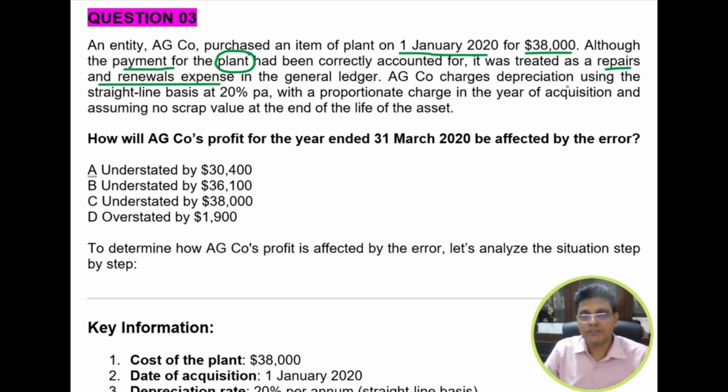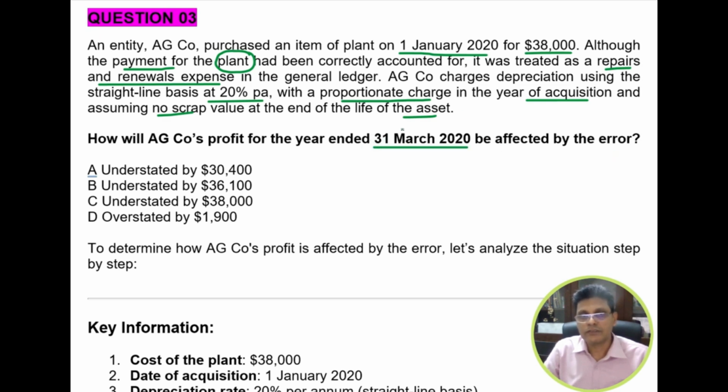AG company charges depreciation using the straight line basis at 20% per annum, with a proportionate charge in the year of acquisition and assuming no scrap value at the end of the life of the asset. How will AG company profit for the year ended 31st March 2020 be affected by the error?